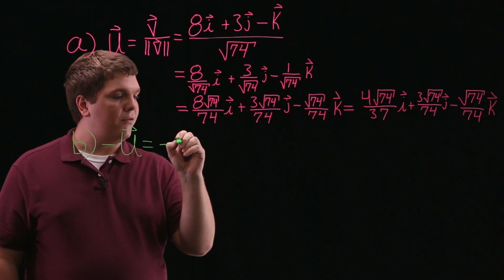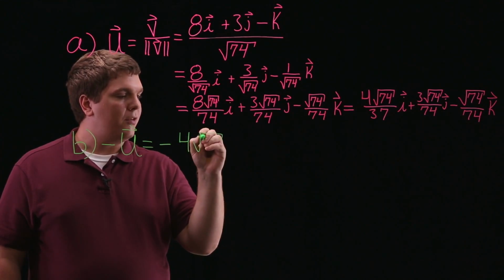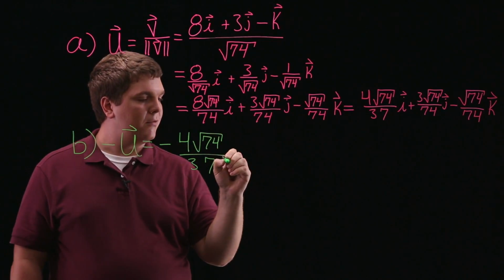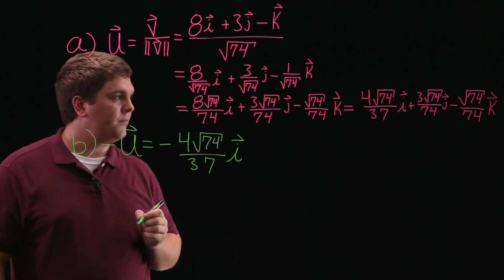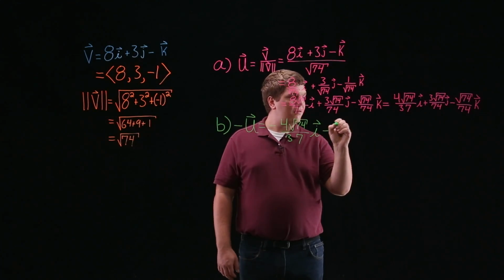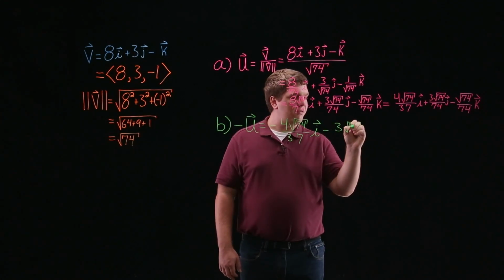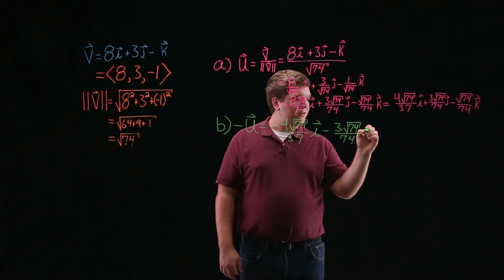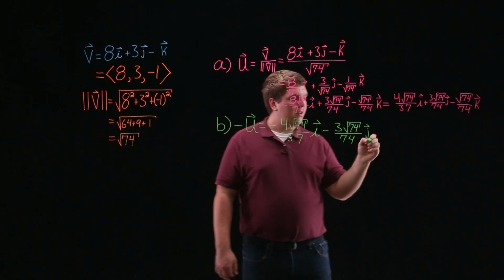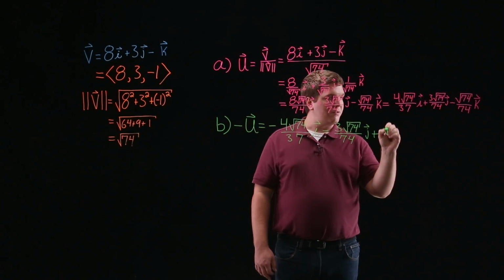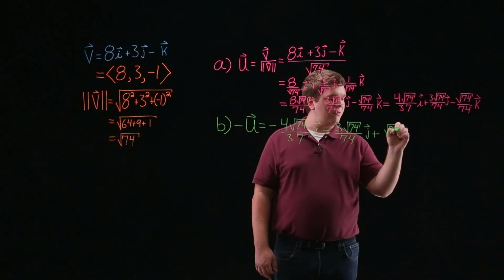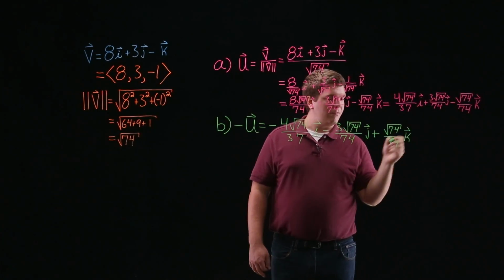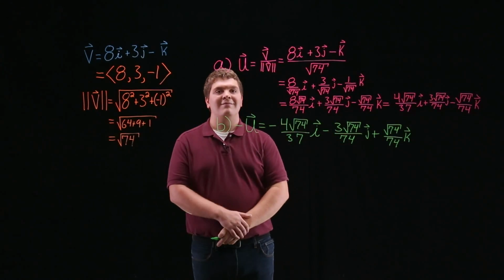So it'll be -4 times the square root of 74 divided by 37 times i, minus 3 times the square root of 74 divided by 74 times j, and then plus the square root of 74 divided by 74 times k.